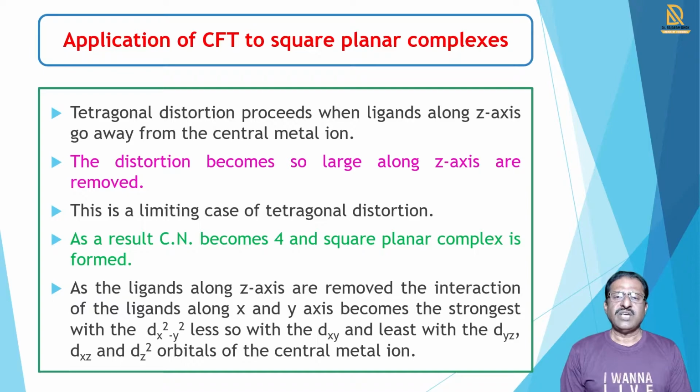As the ligands along the Z axis are removed, the interaction of the ligands along the X and Y axis becomes the strongest, with the dx square minus y square, and less so with dxy, and least with the dyz, dxz and dz square orbitals of the central metal ion.